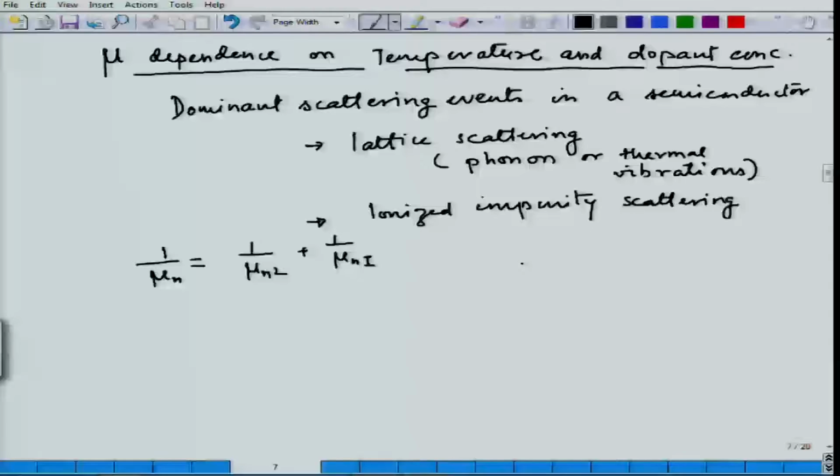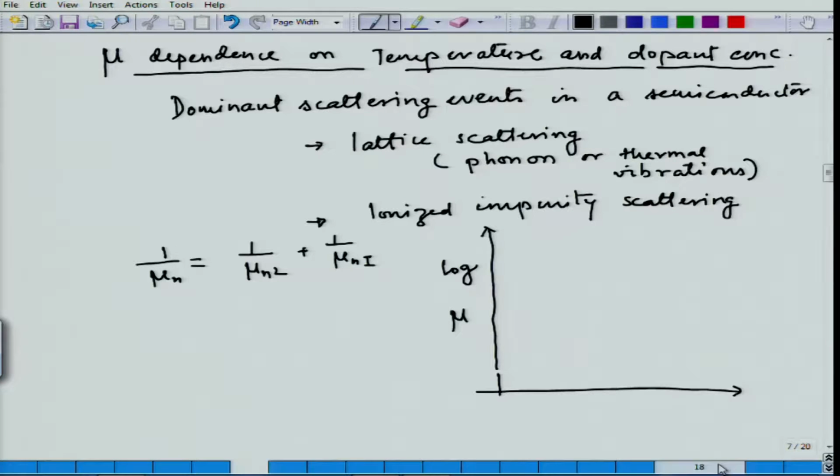If I look at the temperature dependence of these two mechanisms, I am going to plot the mobility on a log scale on the y axis, and temperature on the x axis.